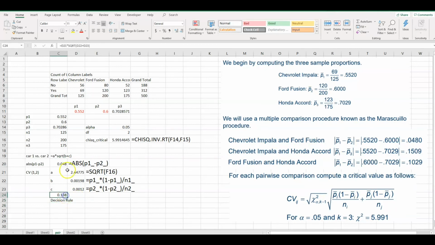Our decision rule is we compare the absolute difference with the critical value. If this value is less than this value, then they are the same. Otherwise, they are different. So if our value is less than the critical value, you can type same. Otherwise, different. Same or different.